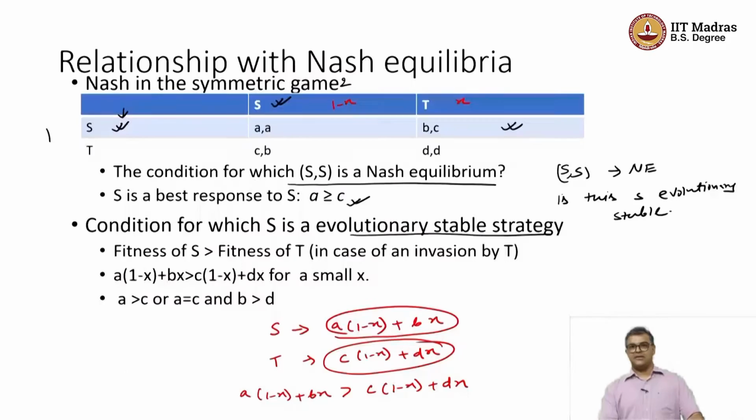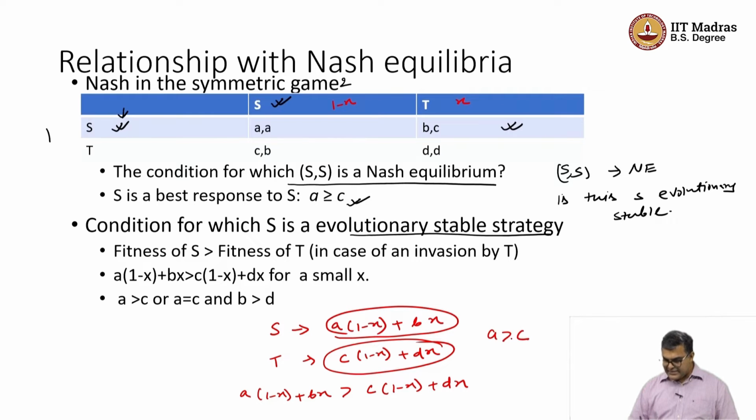What is the requirement? Remember, x has to be very, very small. We do not allow for large invasion, because we say it is a biological process, mutation happens at a smaller level. So, if x is very, very small and A is greater than C, then we are done. If x is very, very small, the effects of Bx and Dx are going to be negligible.